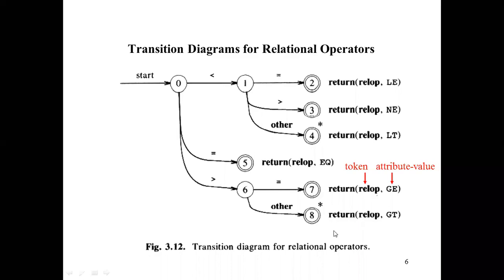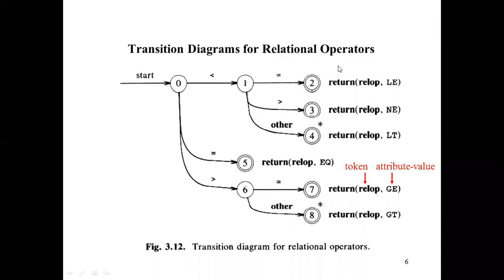So in this fashion, in this way, you can draw the transition diagram for relational operator. Sometimes in the examination, the examiner may ask you to draw the transition diagram for relational operators. Then there is a need to draw the complete diagram. So this is the complete transition diagram for relational operators.